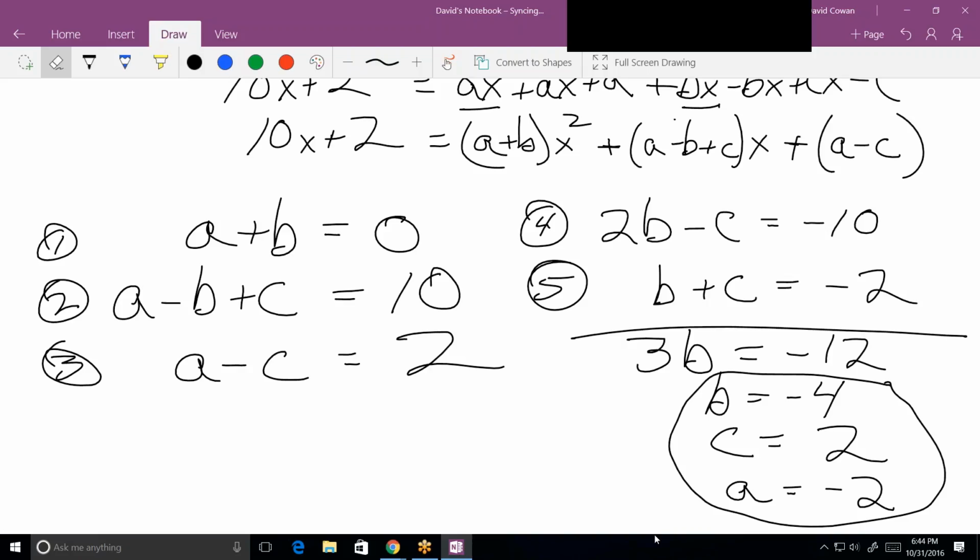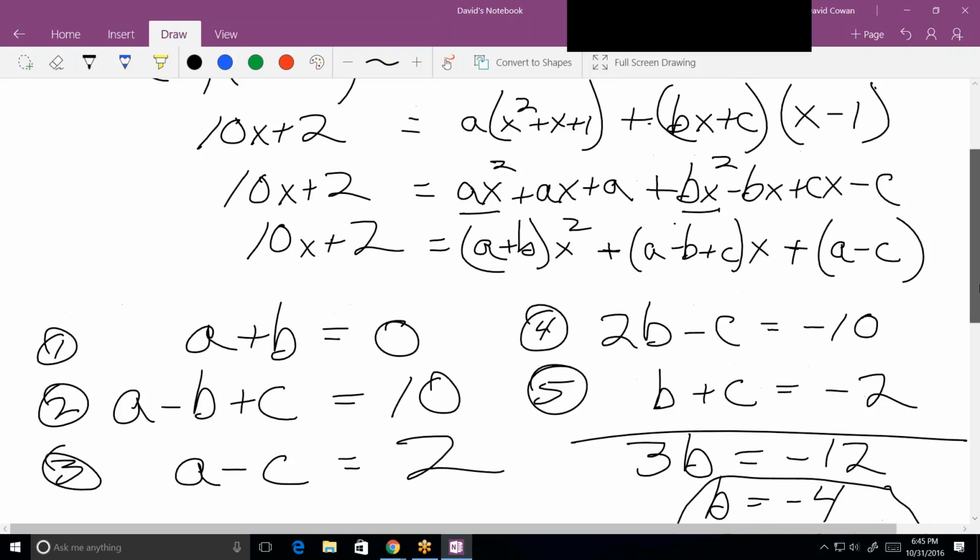Substitution can get pretty brutal if you have an awful lot of variables on there. I think that's probably just an individual choice. But you want to know how to be able to do this by elimination also, if you didn't know.